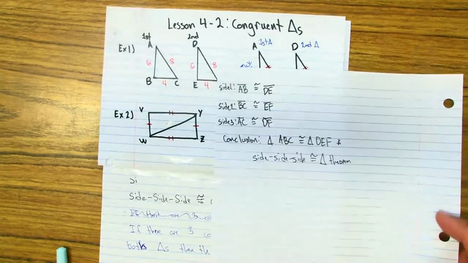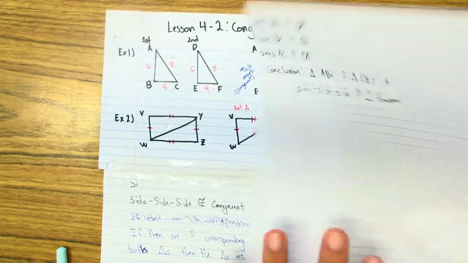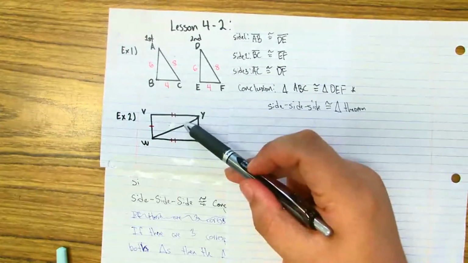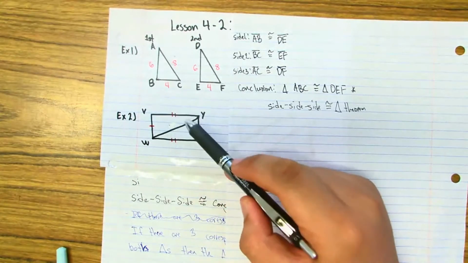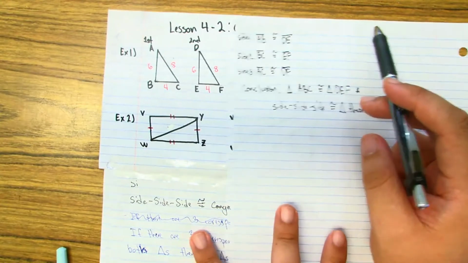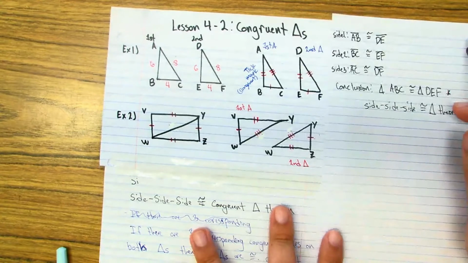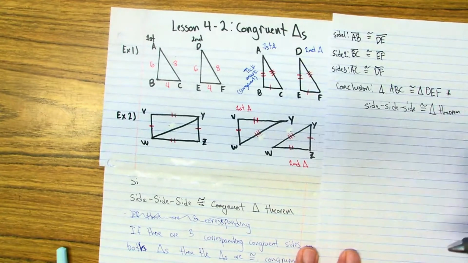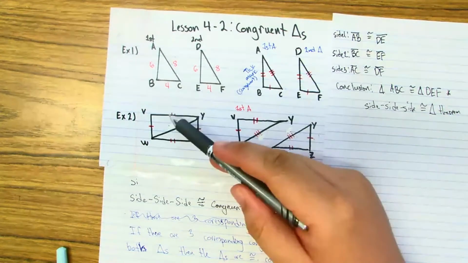So here you're going to have the second question. We're going to be given questions like this, where you have 2 triangles that are combined together, which is kind of confusing sometimes. So what you can do is separate the 2 triangles, and then you can just write down the statements.